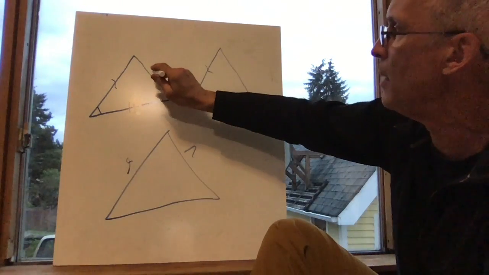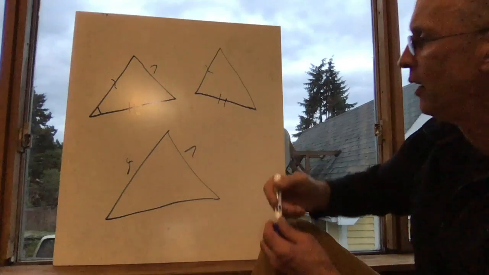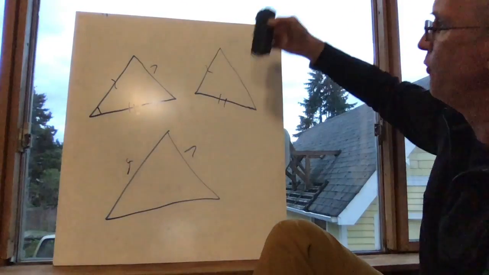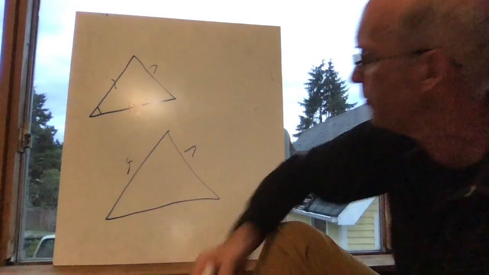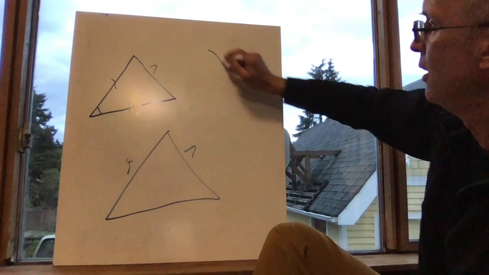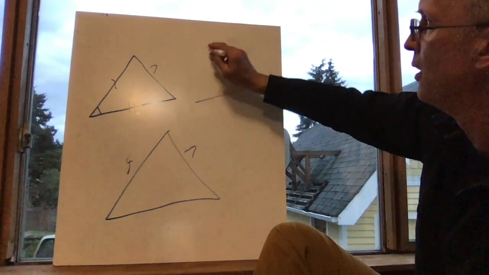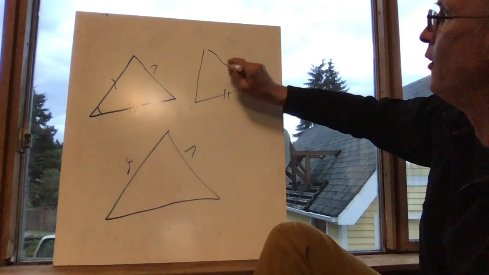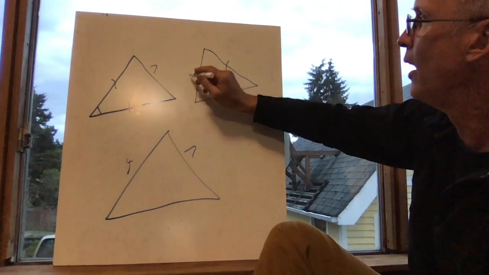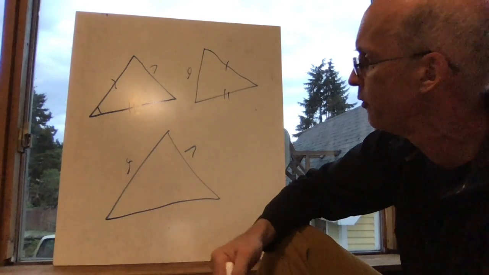So let me just draw it. Maybe I'll say that one's 7. And you know what I should have done is flip this one over like this. This will be more clear. And this is that, and this is 9, let's say.